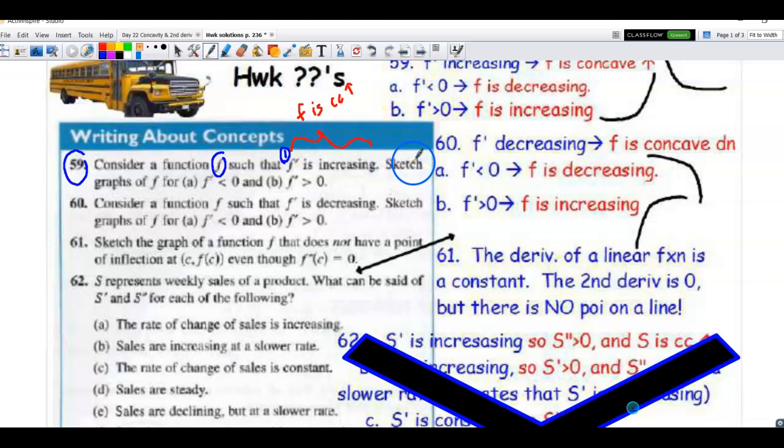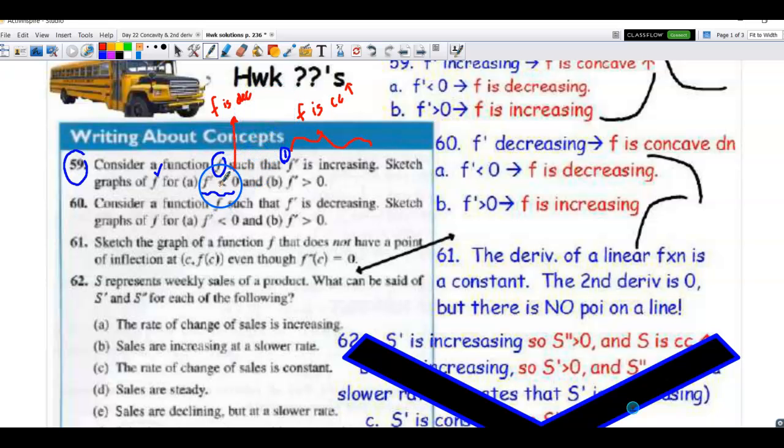Sketch graphs for f, so we're trying to, again, sketch a graph of the original function. For a, the first derivative is less than 0. So I have to interpret, what does it mean for the first derivative to be less than 0? So now we're talking about positive, negative. If the first derivative is less than 0, f original is decreasing.